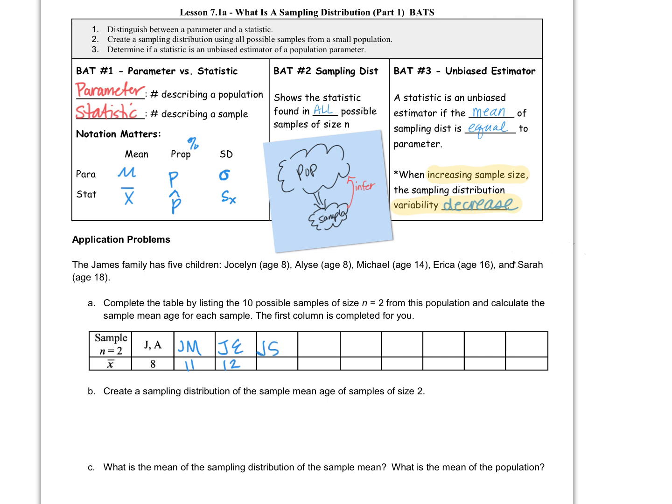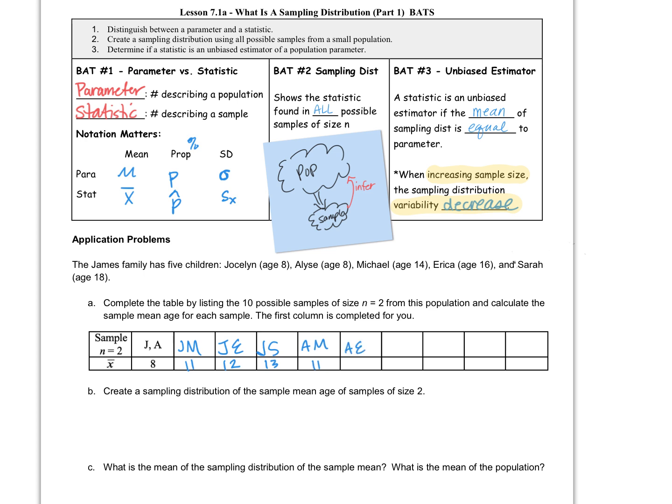Jocelyn and Sarah, 8 and 18 would be 26 divided by 2 is 13. Next would be Elise and Michael. 8 and 14 is 22 divided by 2 is 11.